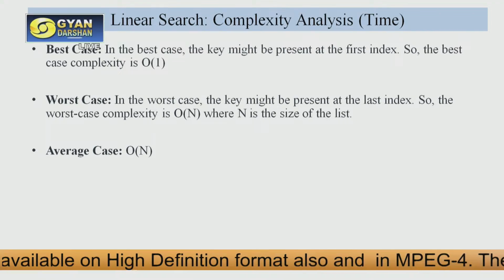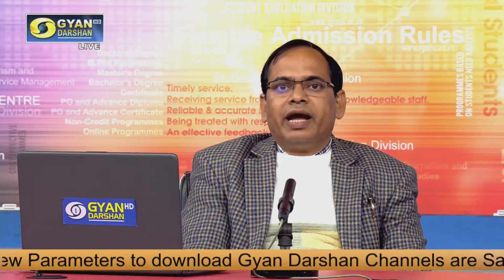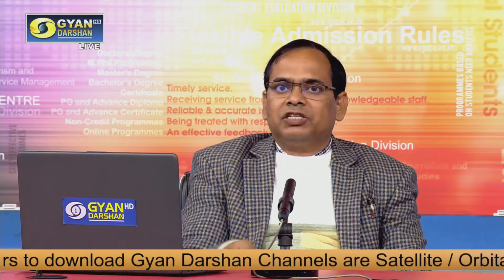For example, if we have a list of 100 elements present in the array and the element to be searched is at the 100th location as the last element, because we start searching from the first location, we will repeat the process 100 times to reach the last location.